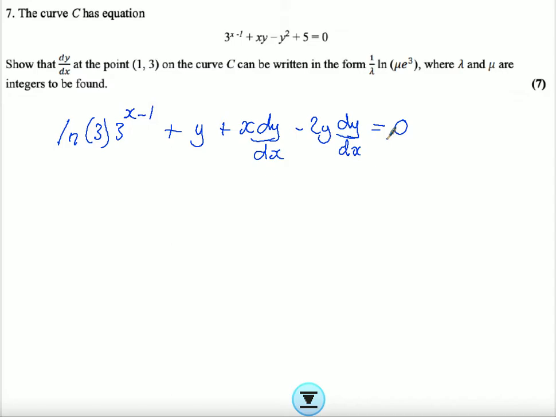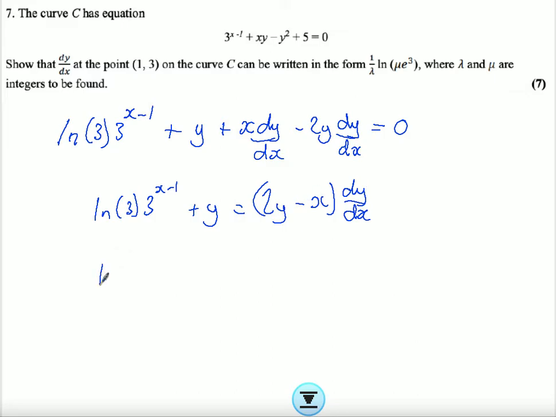Okay, so the first thing we need to do is we need to make dy by dx the subject. So ln 3, 3x to the negative 1, add y equals 2y subtract x dy by dx. So ln 3, 3x to the negative 1, add y all over 2y subtract x equals dy by dx.